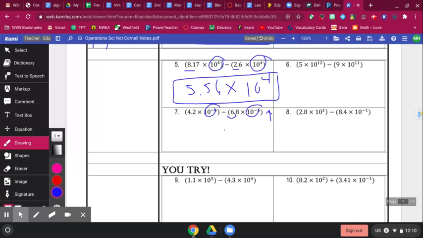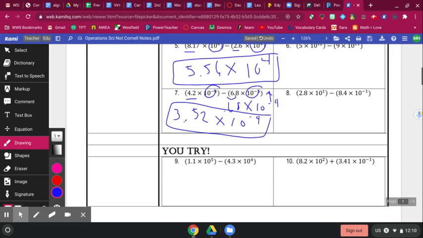So I'm going to be subtracting 0.68 times 10 to the negative fourth from 4.2 times 10 to the negative fourth. And when I do that, I get 3.52 times 10 to the negative fourth as my answer.